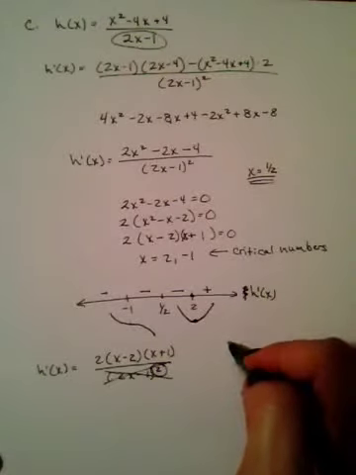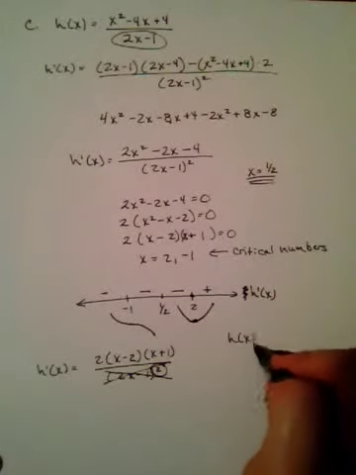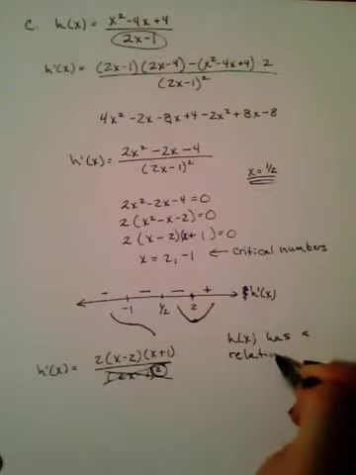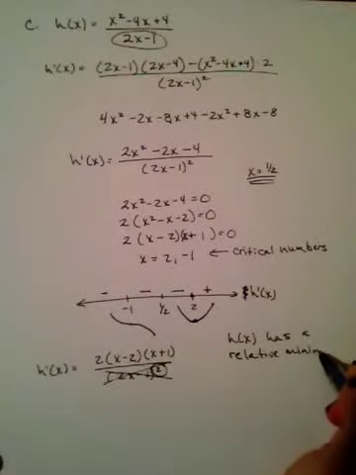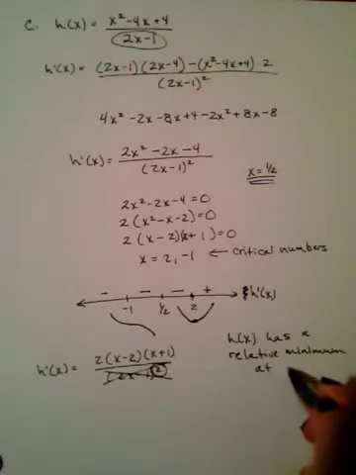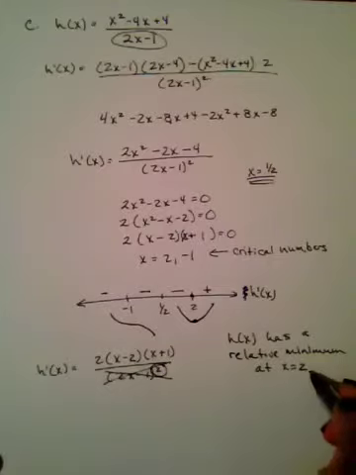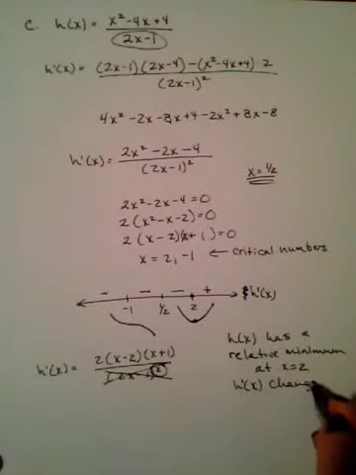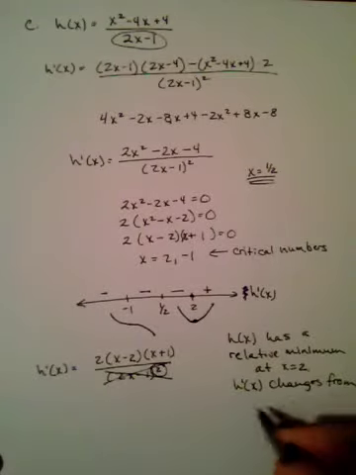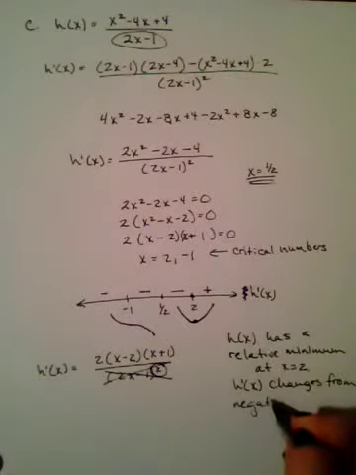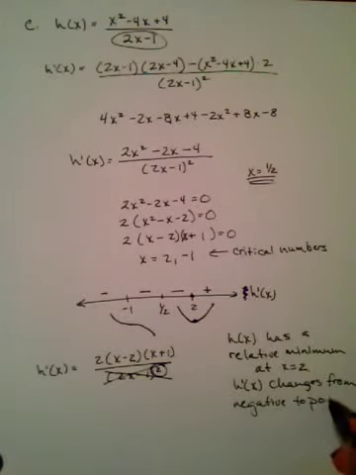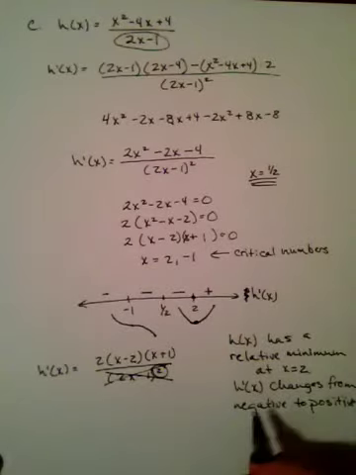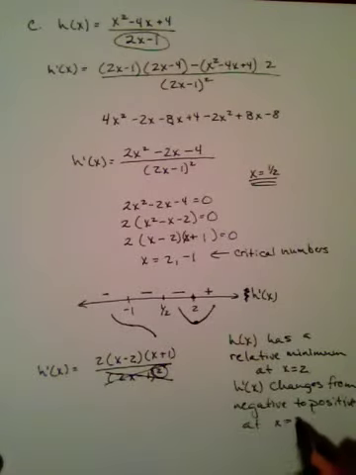So I could say h of x has a relative min at x equals 2. And I know that because h prime of x changes from negative to positive at x equals 2.